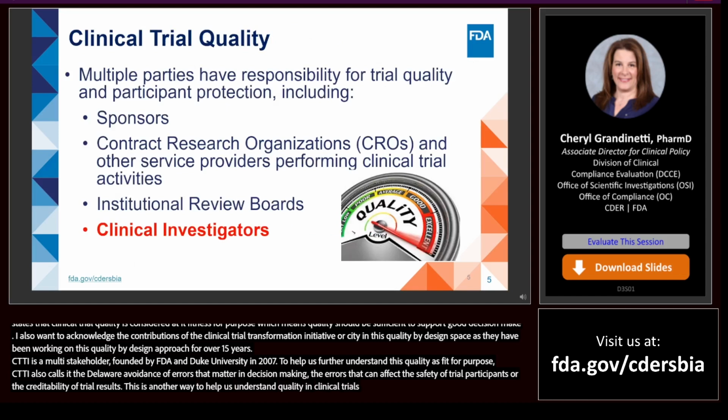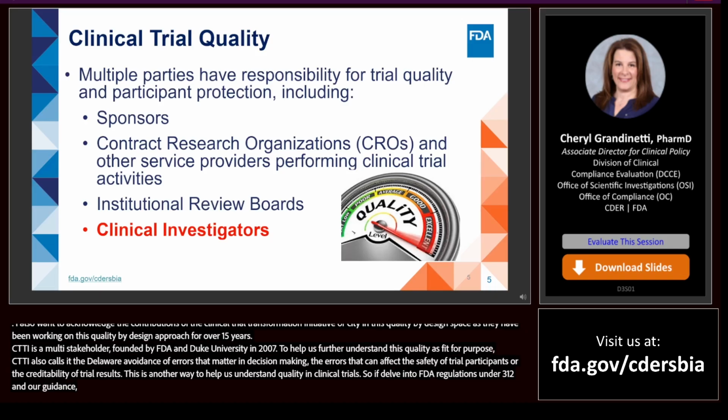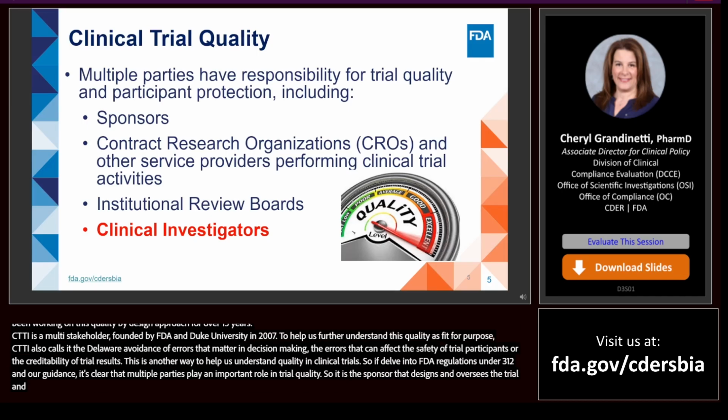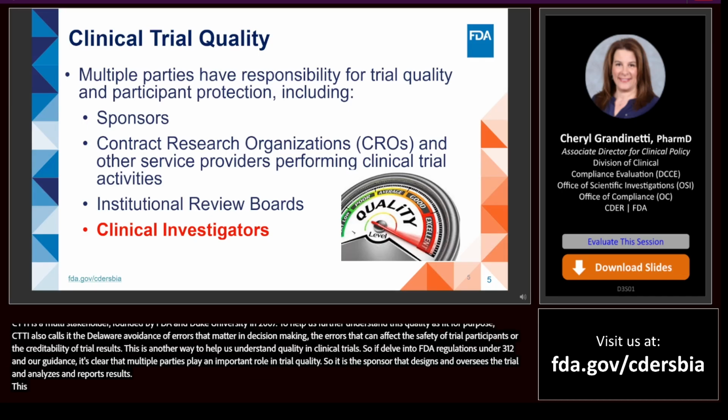So if we delve into FDA regulations under 312 and our guidances, it is clear that multiple parties play an important role in trial quality. So it's the sponsor who designs and oversees the trial and analyzes and reports results. It's the contract research organization to whom the sponsor has transferred their responsibilities.